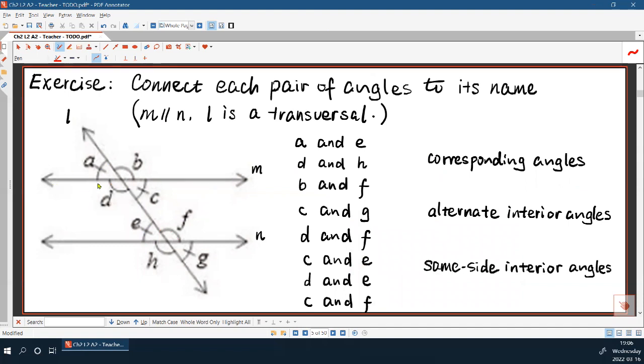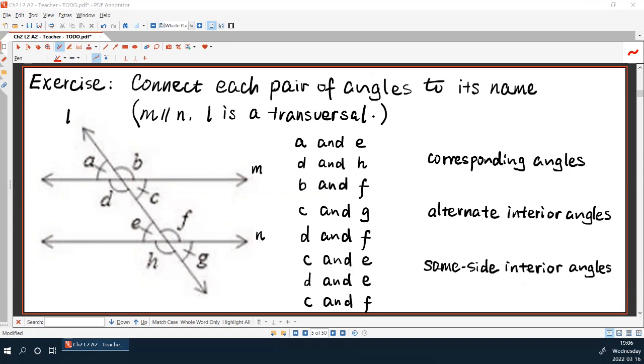Suppose we have 3 lines. M is parallel to N and L is a transversal. Then we have A, B, C, D, E, F, G, H, 8 angles. So let's connect each pair of angles to its correct name. I'll give you 1 minute to think about this question, okay? You can just write on the screen.